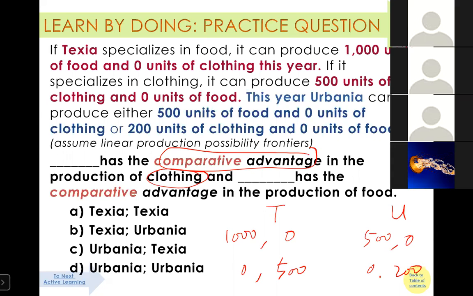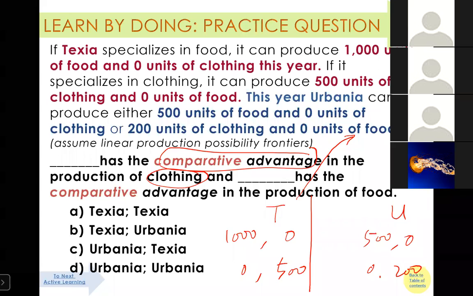Now we need to calculate. The opportunity cost of clothing in Texia: what is it? In Texia, the opportunity cost of clothing is that they must give up 1,000 food for 500 clothing, which is equal to 2. But in Urbania, what is the opportunity cost of clothing?